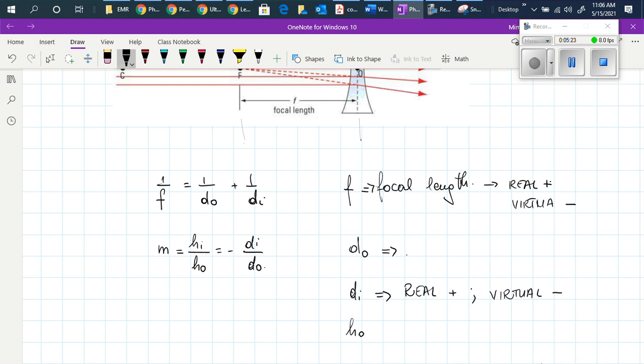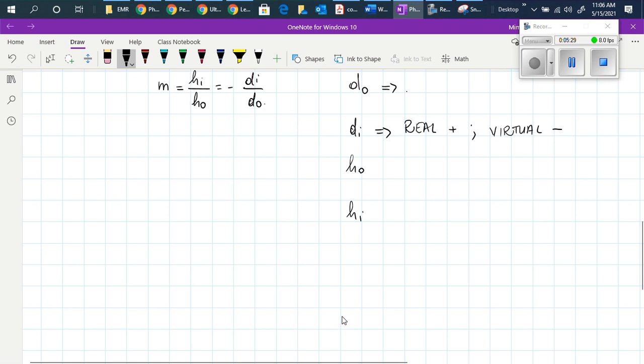Height of the image, if it is real, is negative, and if it is virtual, is positive. So magnification, when it is real and inverted, will be negative, and if it is virtual and upright, will be positive.